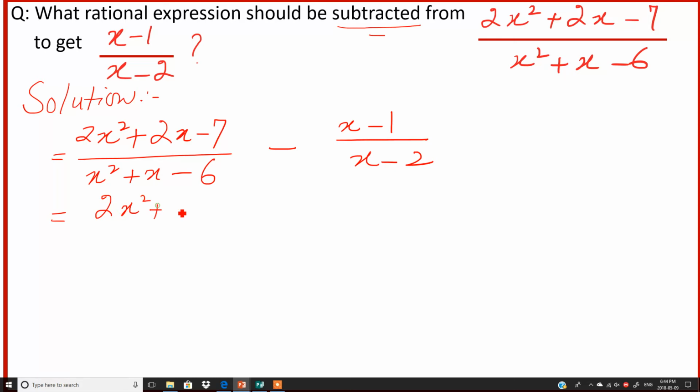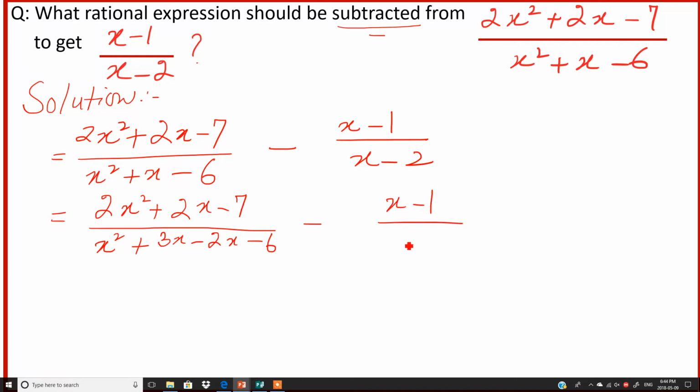2x square plus 2x minus 6 will remain the same. For the denominator, we can make the factorization x square plus 3x minus 2x minus 6, and we cannot make x minus 1 divided by x minus 2 in more simplified form.